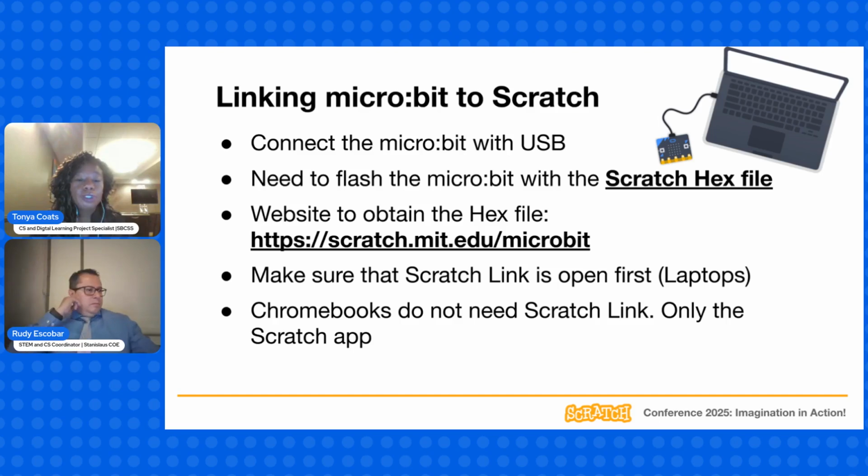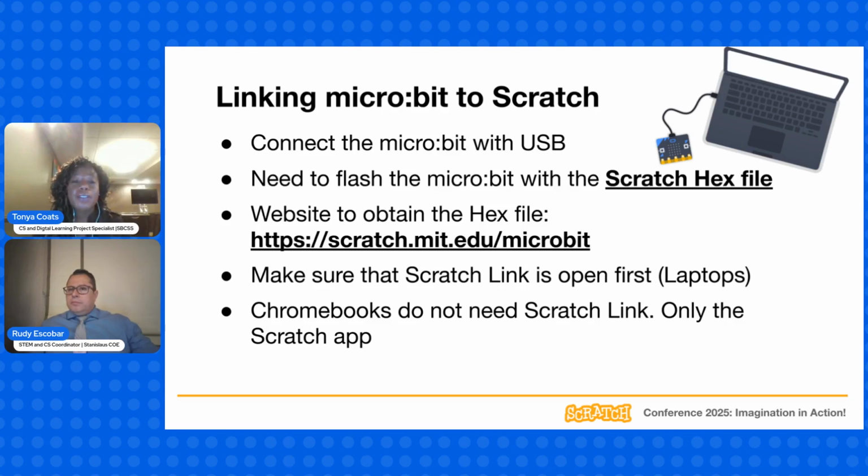All right, so I'm going to start. I want to talk about how we're going to link microbit to Scratch. First, make sure you have your microbit. Get the USB connection that comes with the microbit and plug it into your computer. One of the most important things you're going to need is the hex file.